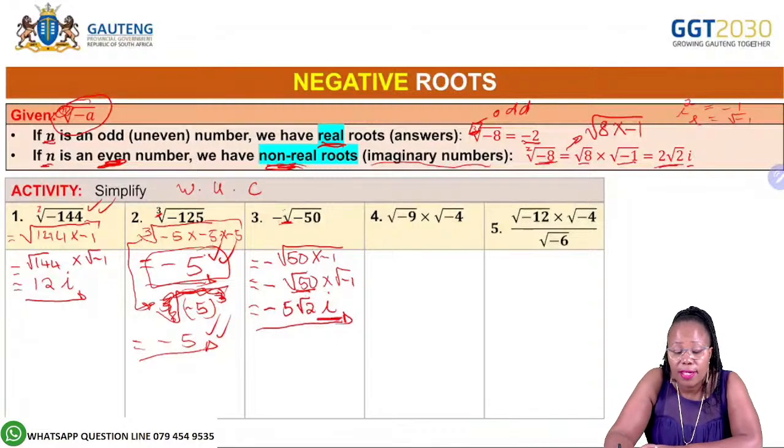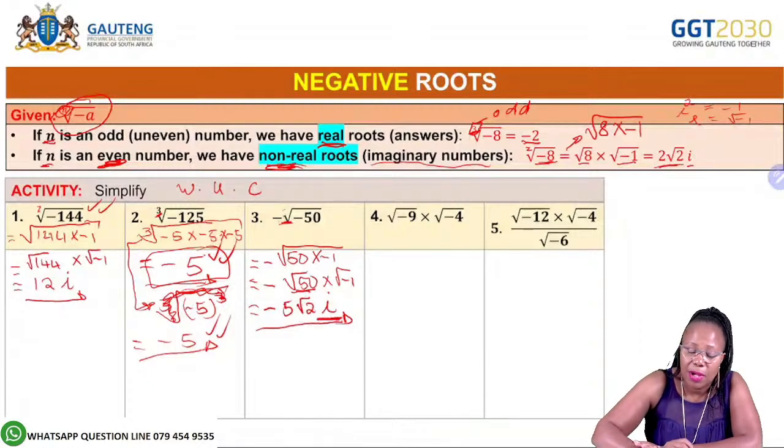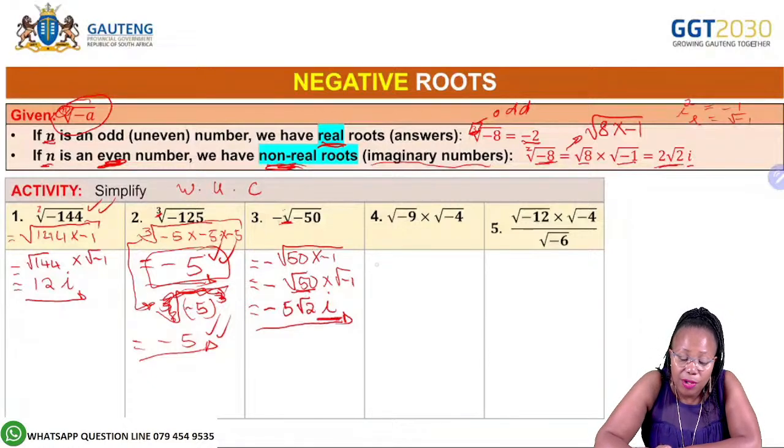Okay. And now number 4, we have the square root of minus 9 times the square root of minus 4. So we have the square root of 9 times the square root of minus 1, times the square root of 4 times the square root of minus 1.